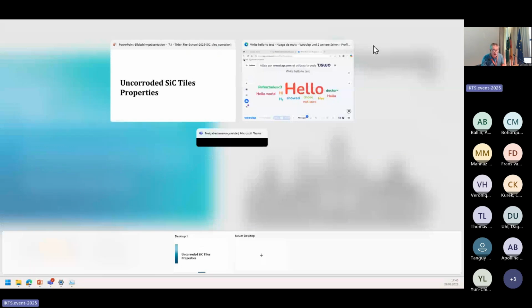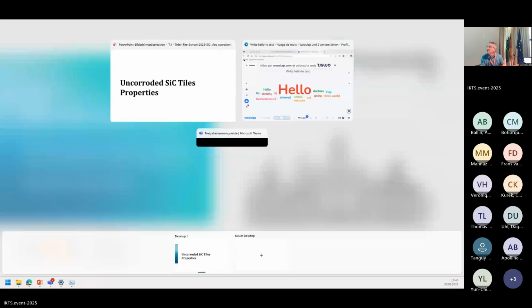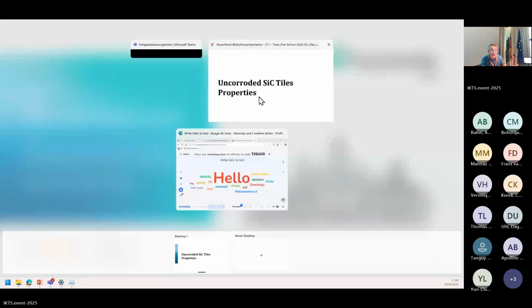A lot of windows. Okay, it is here. Maybe if I put it here. It is an experiment. Let me check.